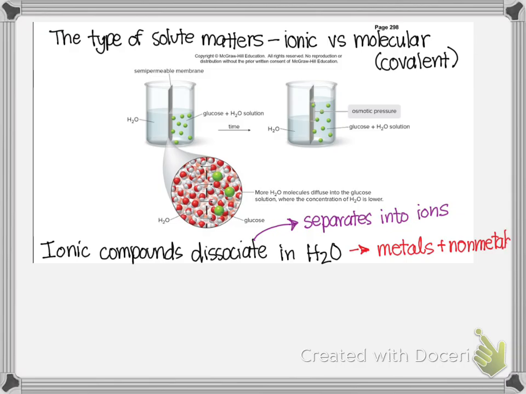Okay, so let me give you a few examples of why this is going to matter. If I have sodium chloride and I dissolve it in water, sodium chloride is made up of sodium ions and chloride ions. So when I dissolve it in water, it dissociates, and for colligative properties like osmosis, it creates two particles. Remember, the colligative properties don't care what the particles are.